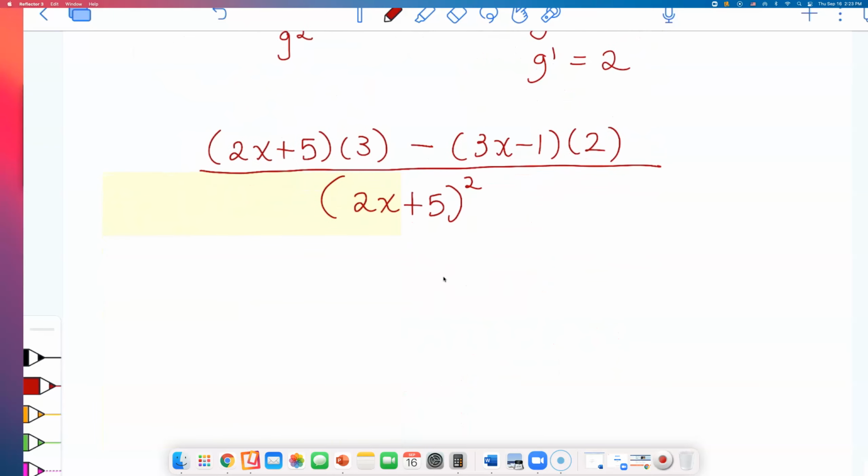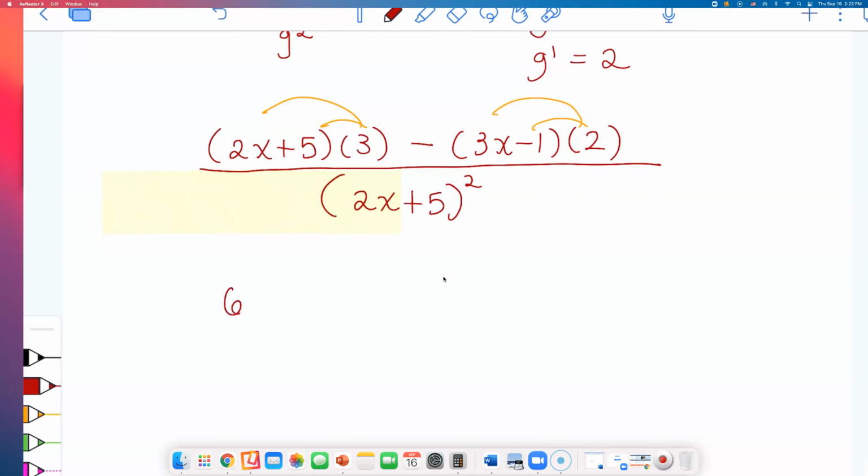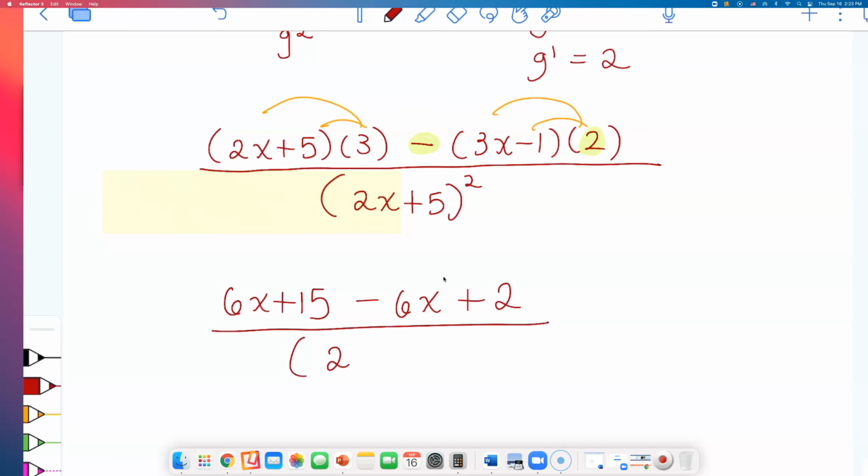All right, let's distribute and simplify. I will get 6x plus 15, but I'm going to be very careful and multiply by not just 2, but negative 2. So I will get minus 6x, and then negative times negative is positive, so I will get plus 2, and the denominator remains the same.